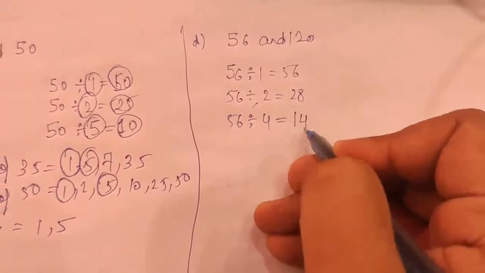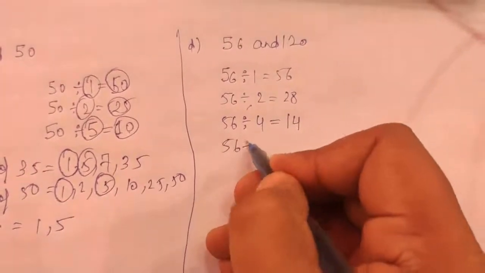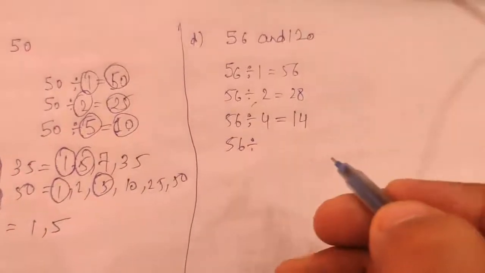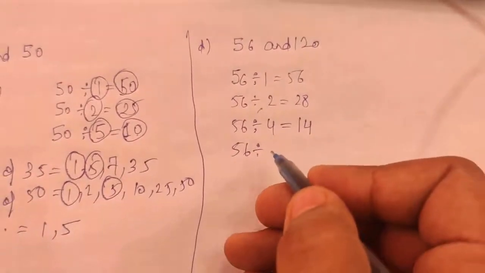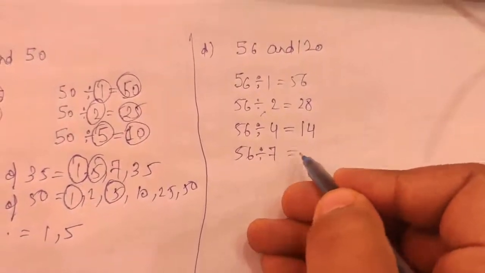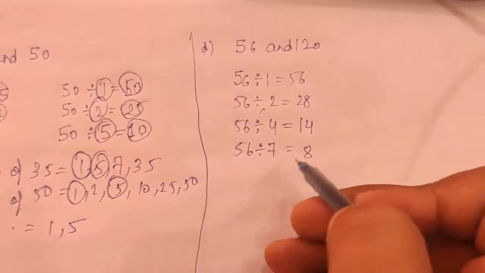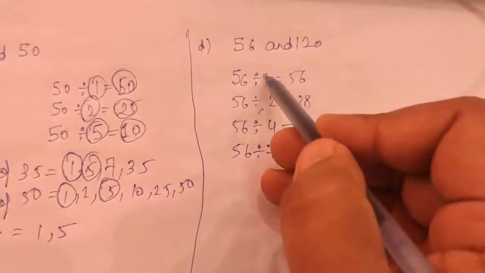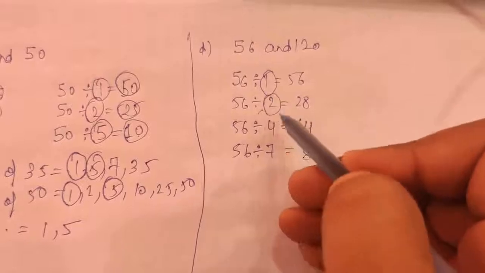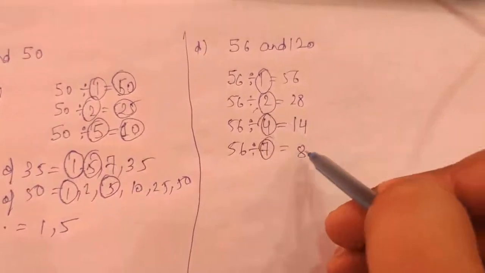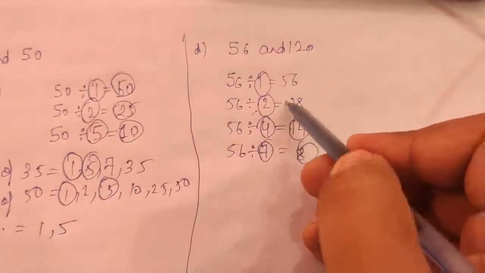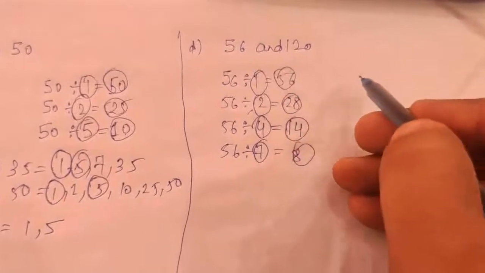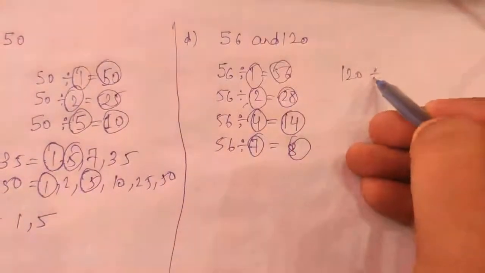Then we get 14. Then 56 divided by 5, no, it is not divisible. By 6, it is not divisible. By 7, we will get 8. Now 7 and 8, there is no number, so these are the factors 1, 2, 4, 7, 8, 14, 28 and 56.